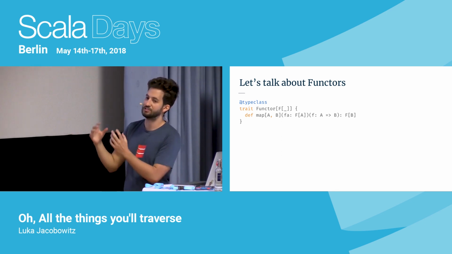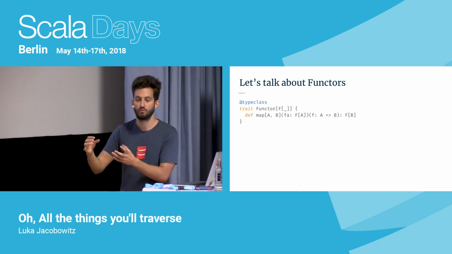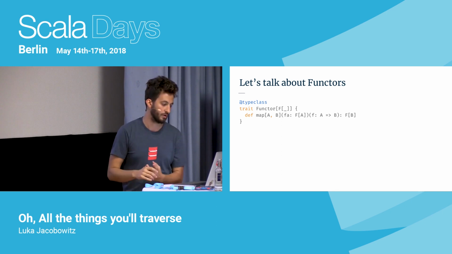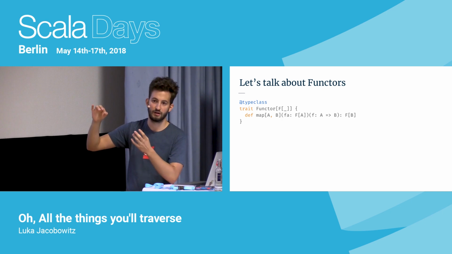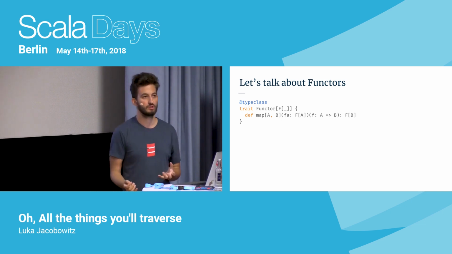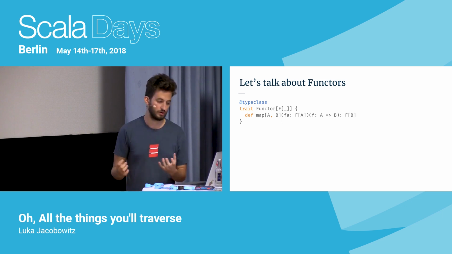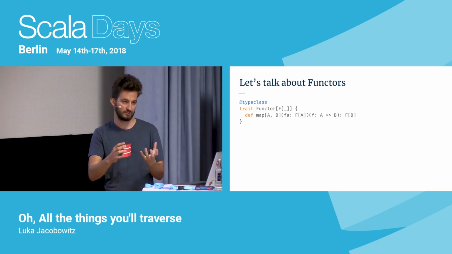And what this means is that in order to become a fully applied type, we actually need to give it a type. So F itself is not a type we can use, but we have to give it a type to become a type. We also call these type constructors, right? An example of this is something like List. So List itself, you can't give us a value of List.